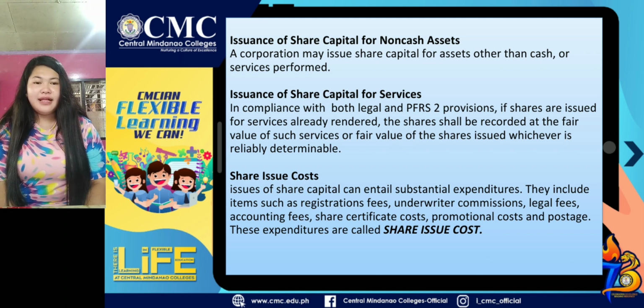Issues of share capital can entail substantial expenditures. They include items such as registration fees, underwriter commissions, legal fees, accounting fees, share certificate costs, promotional costs, and postage. These expenditures are called share issue costs.